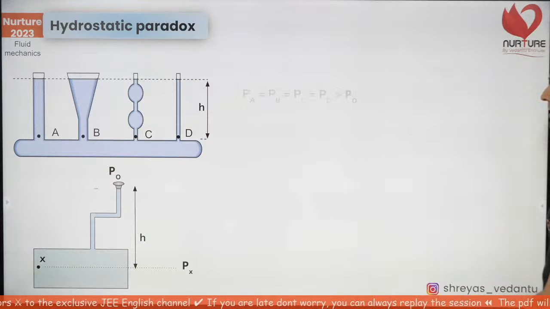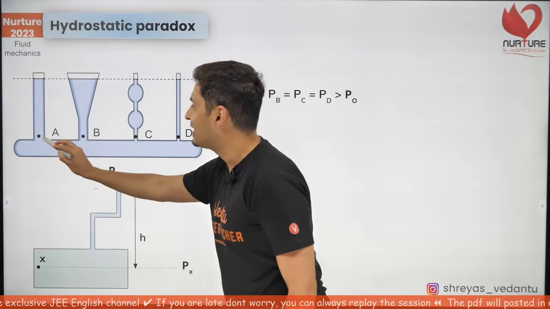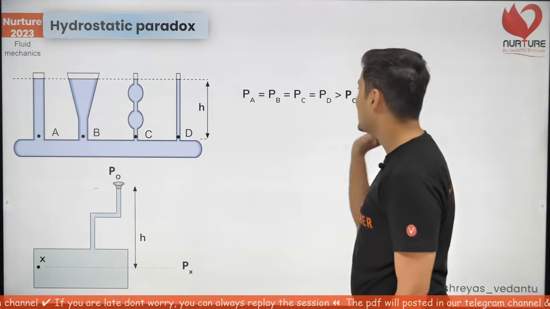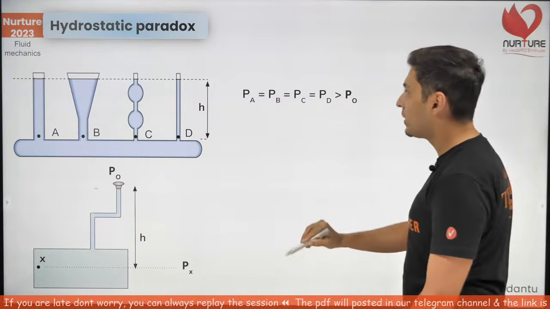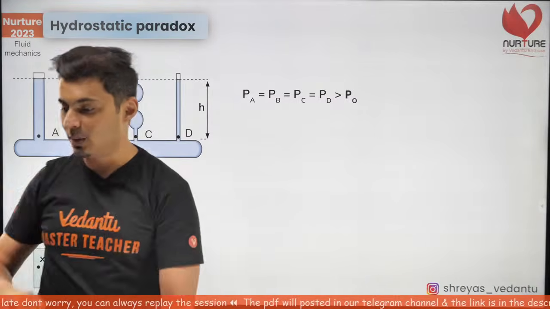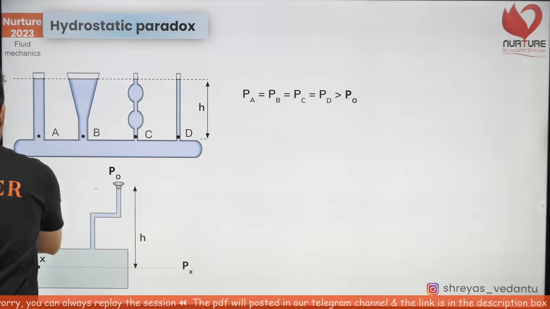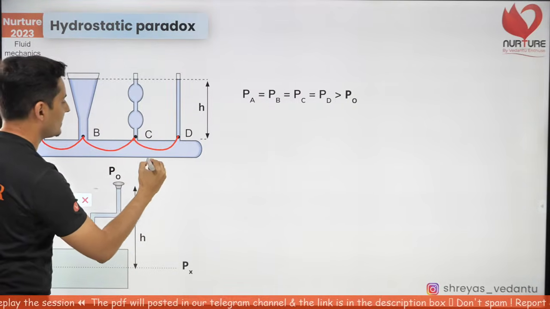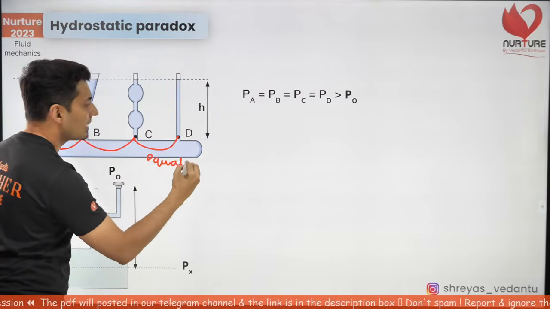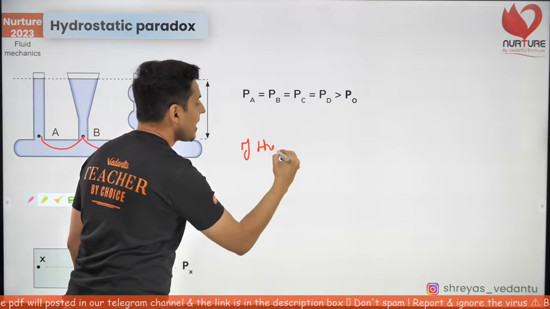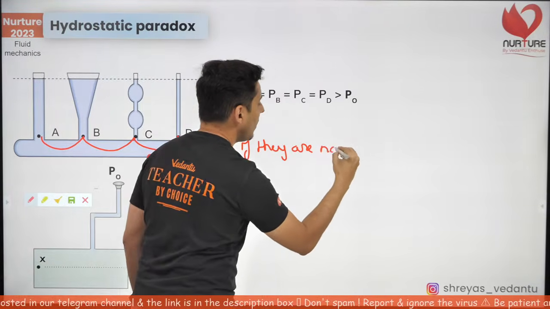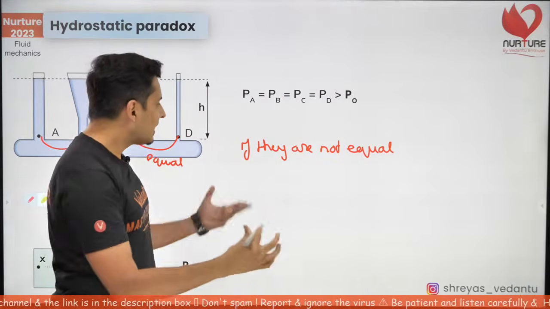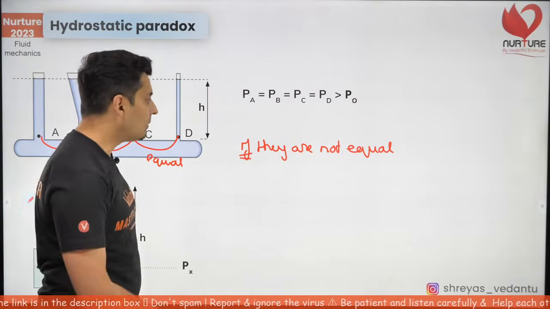Yes, that means the pressure at this point, this point, this point, and this point should all be equal. Yes, it will be more than P0, but they will all be equal. And why should they be equal? Think, if they are not equal, imagine a situation, just imagine, then what will happen?